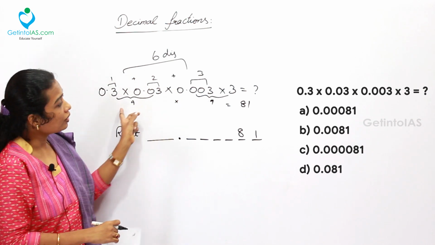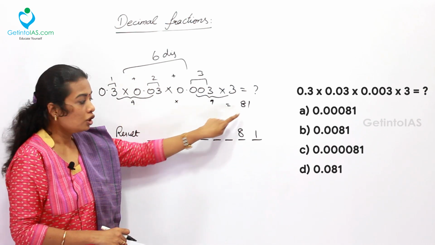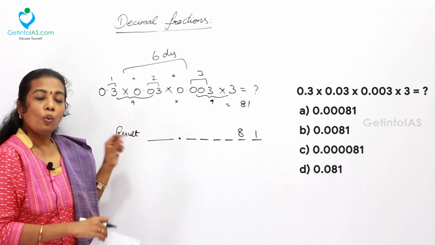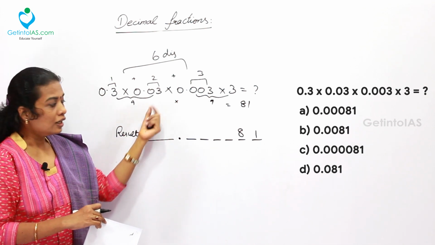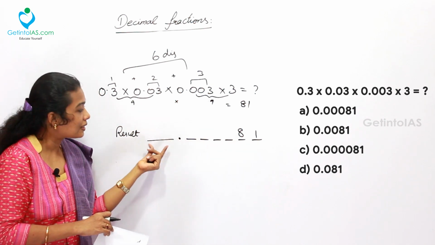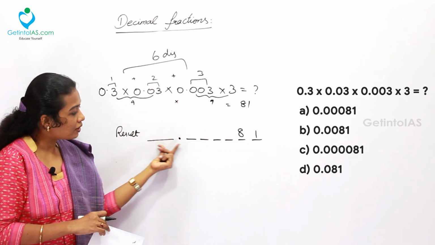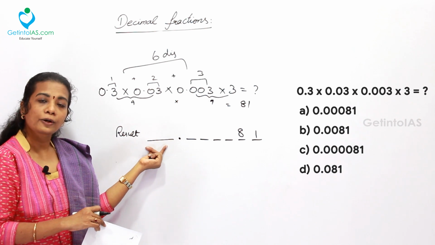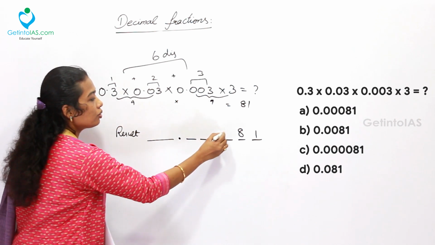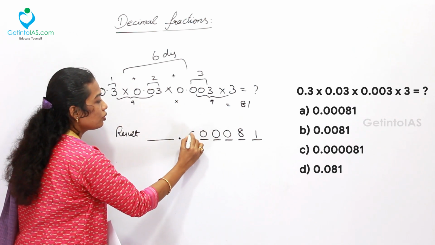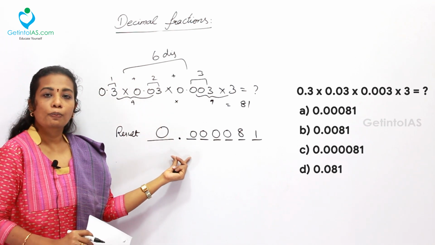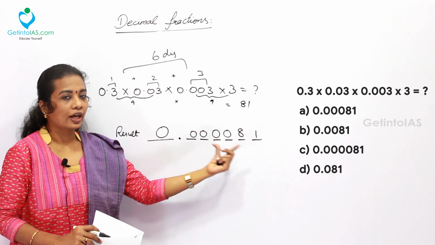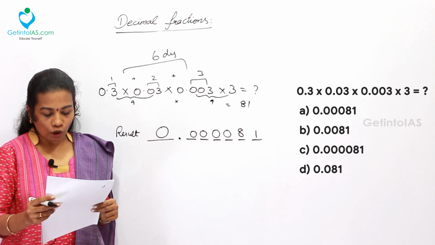Here the result is 2 digits, so the excess I am making 0. What will you do if you get a 7 or 8 digit number? Simply write all the numbers; the excess numbers ought to be written after the 6 digits, in the whole number place. Now we got zeros, so I am including 0, 0, 0 and 0. Finally, the answer for this question is 0.000081, which is given in option C.